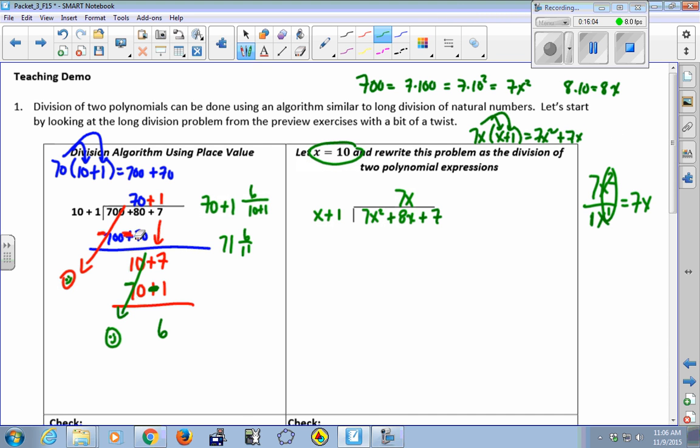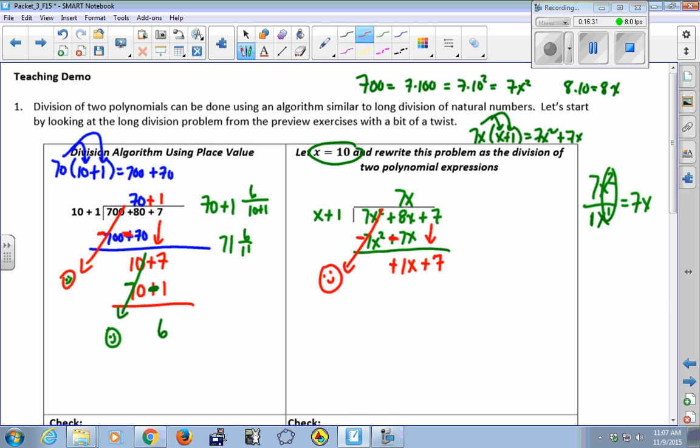That's exactly the same as what I have here. And now my job is to subtract both of those from the like place values above them. So I subtract the 7x squared and I subtract the 7x. This gives me a 0, which makes me happy. And this gives me a negative 1x. I bring down my next place value.